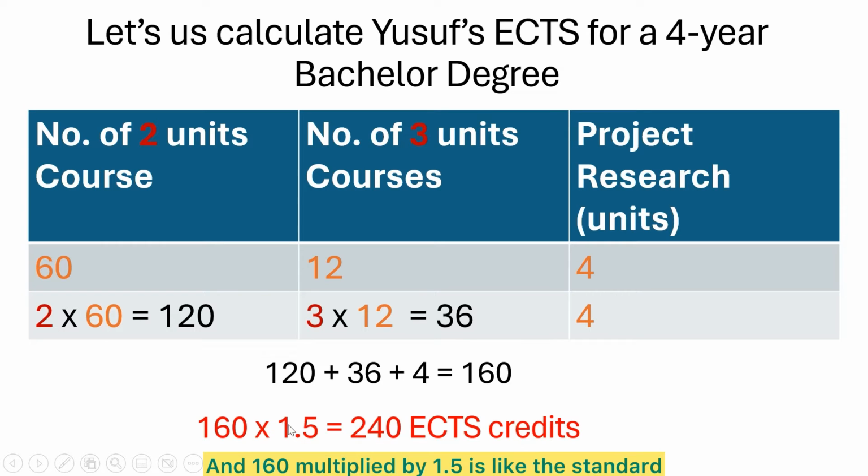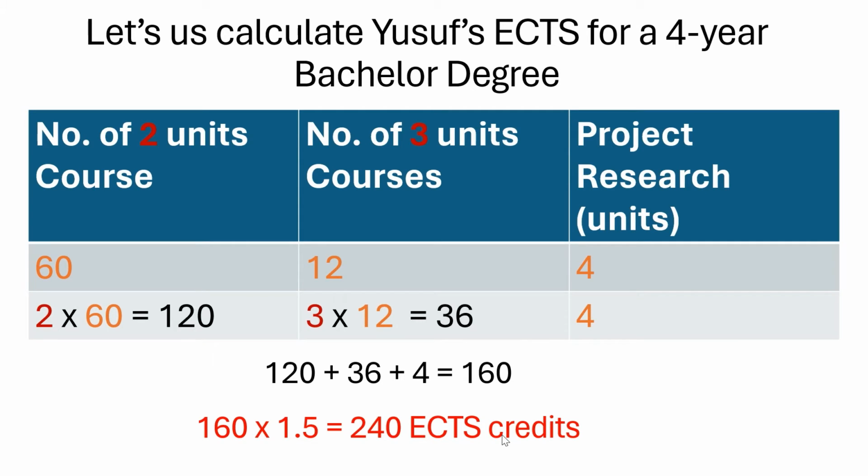And 160 multiplied by 1.5, which is the standard used to calculate this, is 240 ECTS credits. This is what you should have for a 4 year course. If you have a 5 year course or 6 year course, this is the ideal.